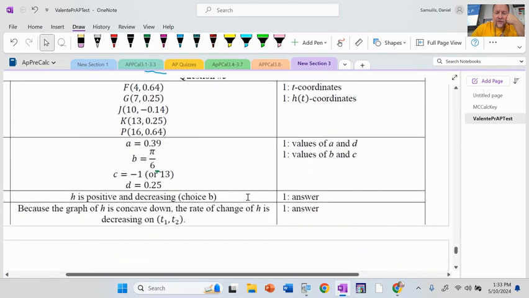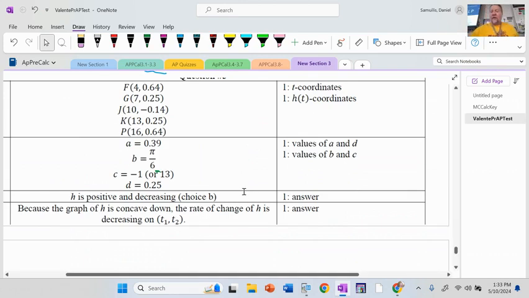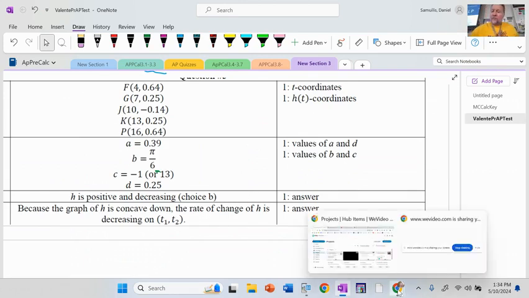That, of course, is concave down. So the rate of change is decreasing. Remember how to state that. So you shouldn't say decreasing at a decreasing rate. I guess that could be okay. But you want to really describe the rate of change, which is that second part of that statement, decreasing rate of change. Okay. Anyway, that one's a short, sweet, simple one.